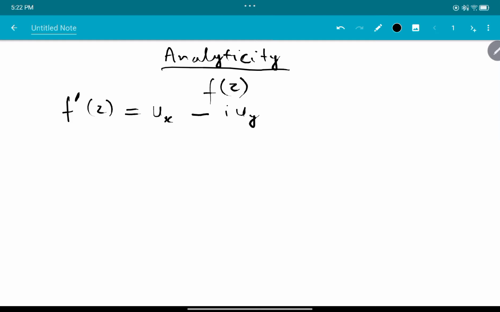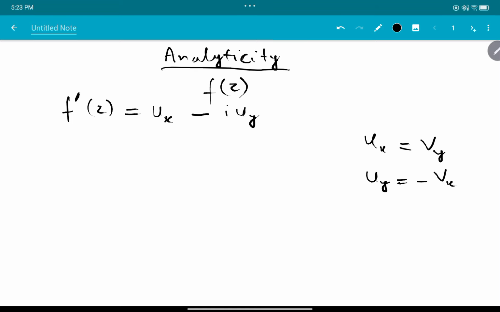We can express it in several forms, for example using the CR equations. I can use the CR equations to replace uy here. You know that by the CR equations, number one, ux is equal to vy, and number two, uy is equal to minus vx.